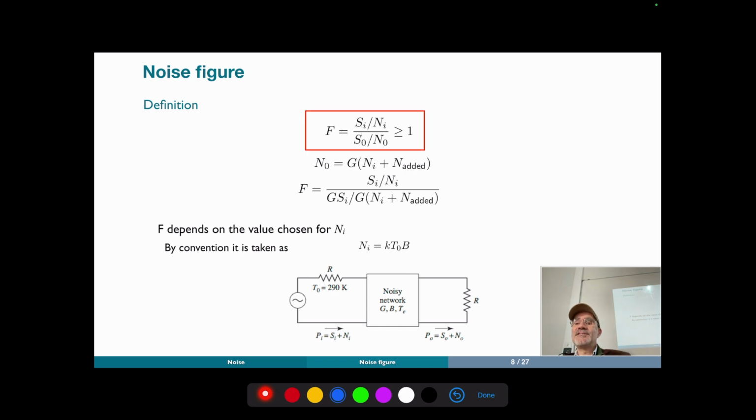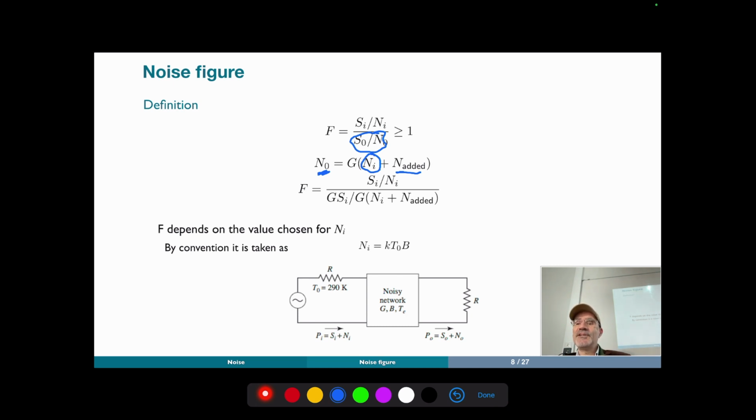Since the noise at the output is the noise at the input plus the noise added by the system, multiplied by the gain of the amplifier, the denominator is always less than the numerator. The signal-to-noise ratio at the output is always less than the signal-to-noise ratio at the input, and so the noise figure is always higher than 1 as defined here.